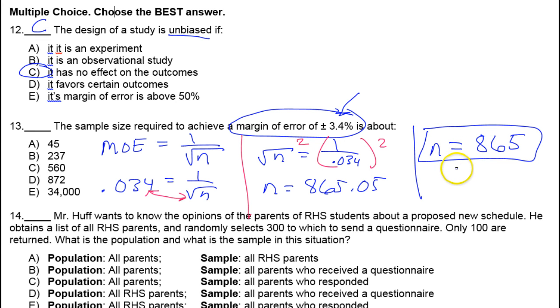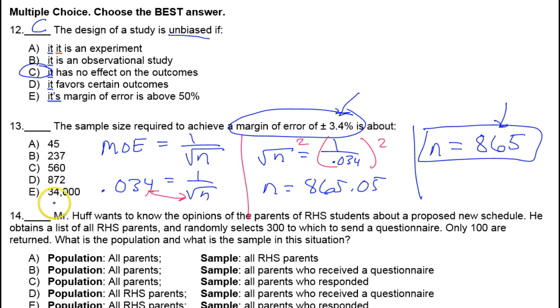Say again? Yeah, you're just going to have to pick the closest thing. Okay? It's not going to be exact. Because we did round. You know what I mean? So this is the sample size that would be required to get you exactly 3.4%.